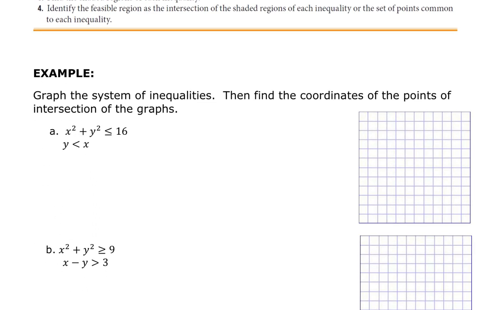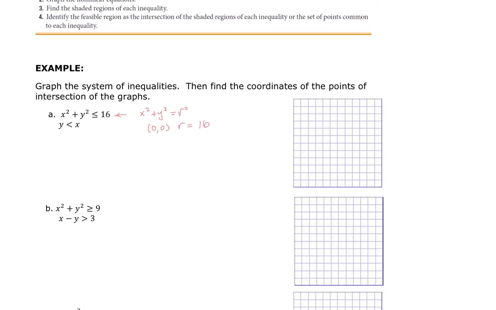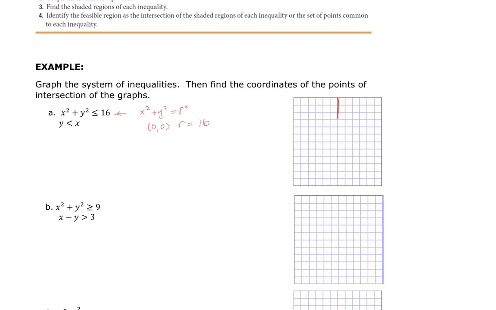And by the way, this is a circle where I have x squared plus y squared is equal to r squared. This is a circle centered at the origin with a radius of, in this case, 16. So I'm going to draw the graph of this circle poorly, because I can't draw circles.